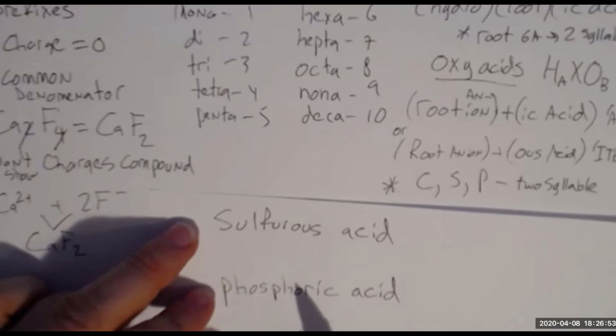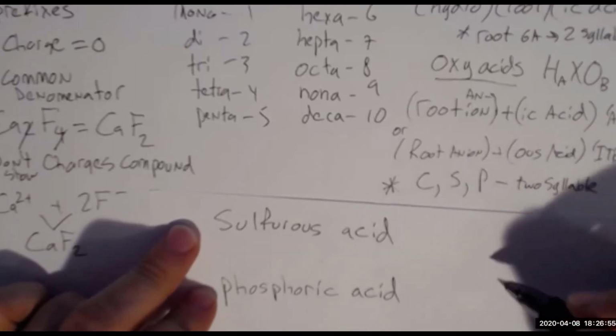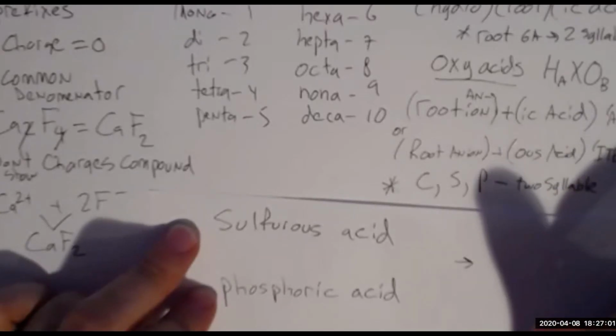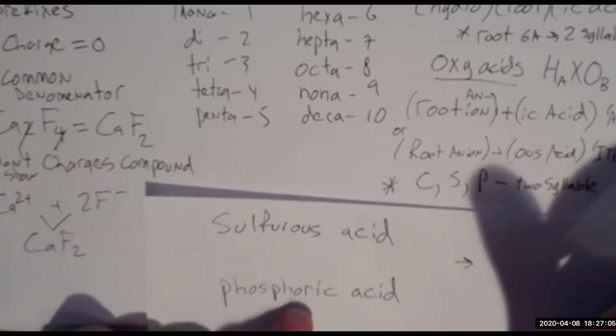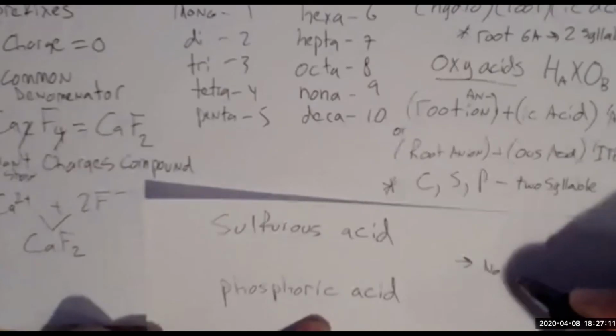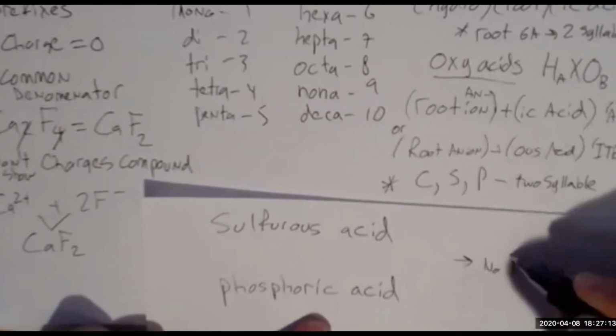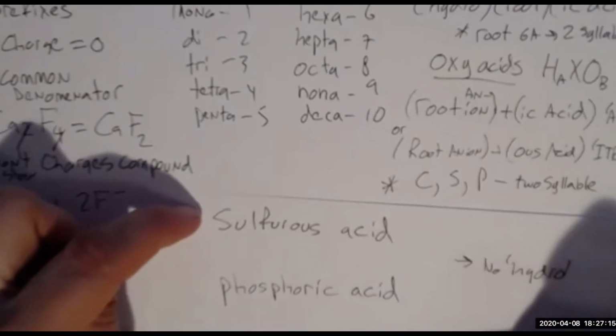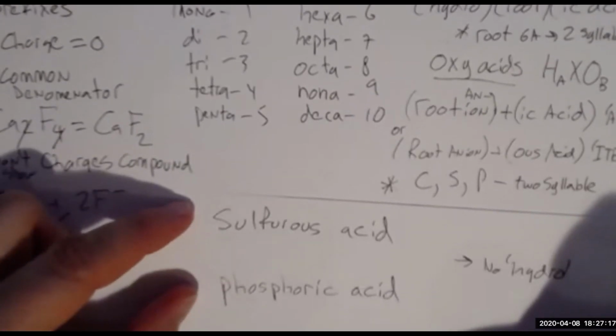How do I know? They're OUS or IC, but the binaries also end in ic acid. So how do I know that one's not binary? They don't have the hydro in front of it. If they don't have hydro, then both of these are oxy.